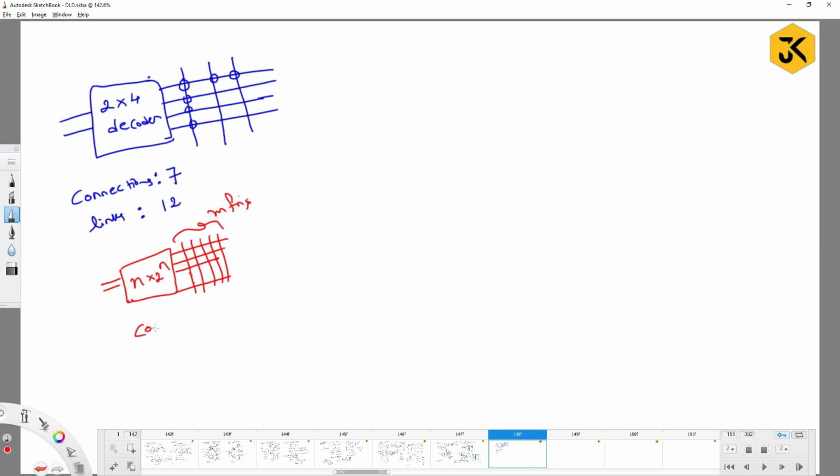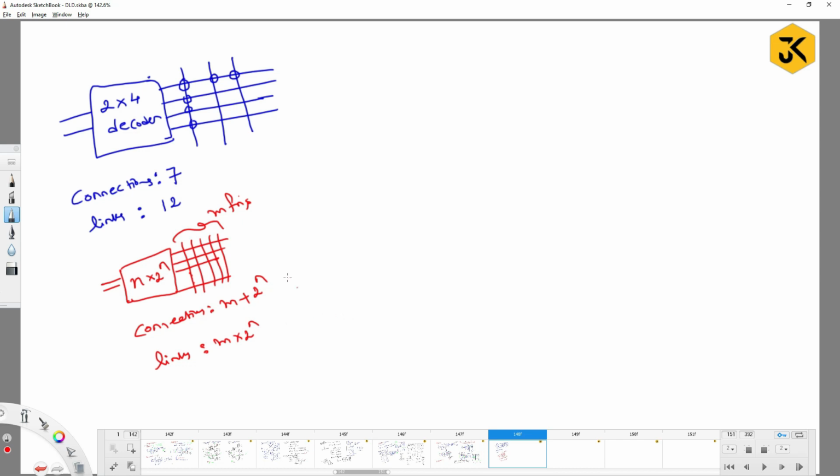Then how many connections are required? M plus 2 power n. Very good. How many links are required? M into 2 power n links are required.